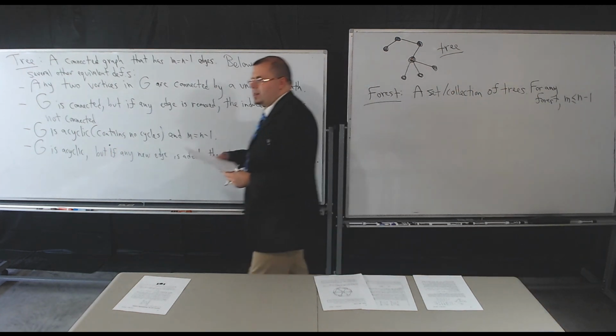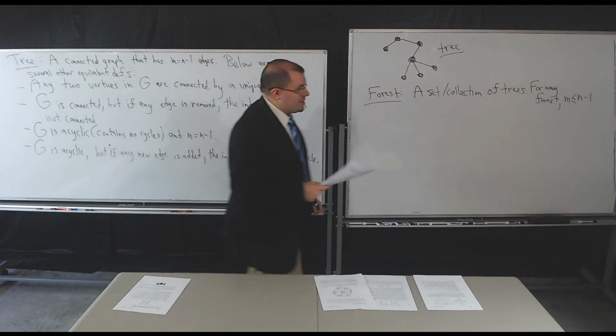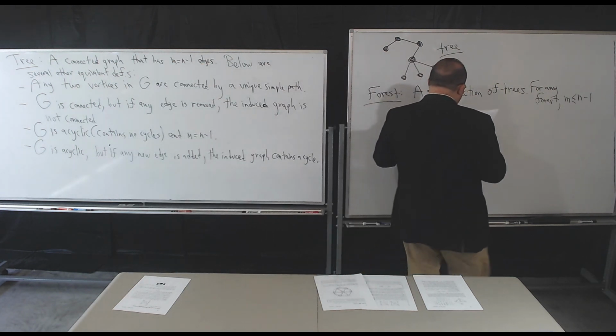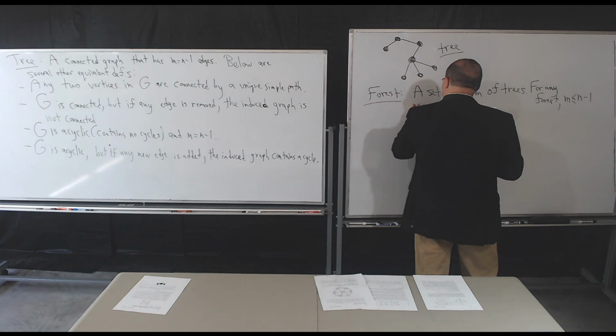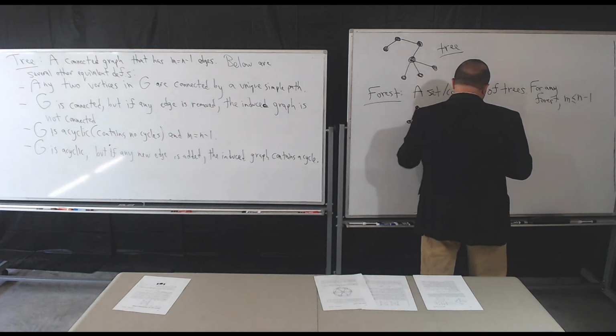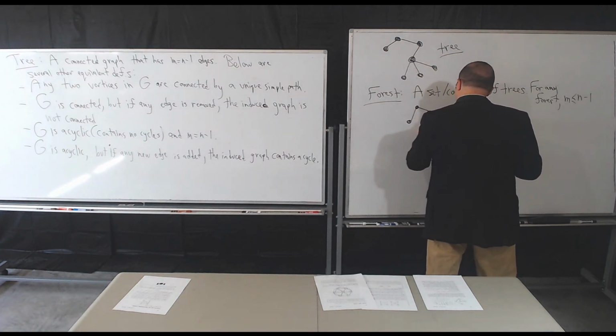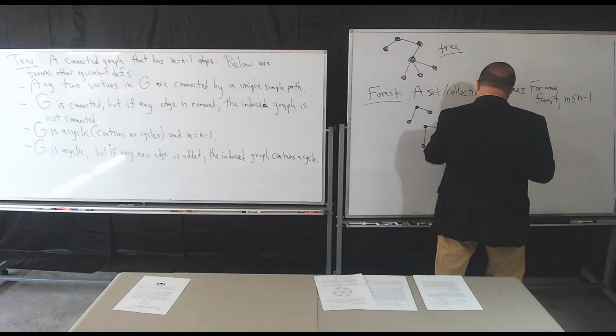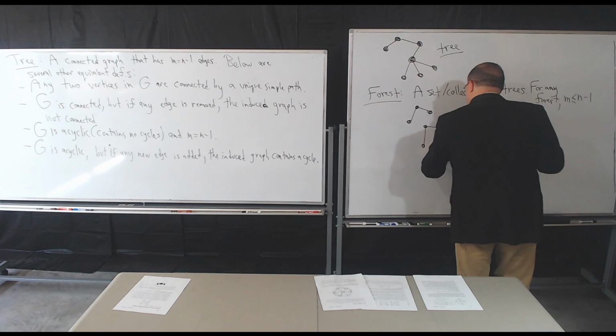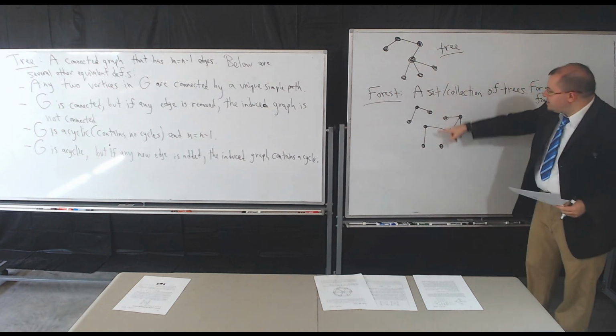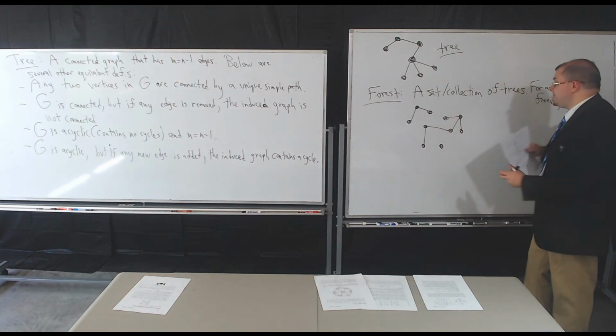So it's an inequality here. Why? Because it's not necessarily connected, right? So for example, the forest might look something like this. Notice each one of these is a tree, right? So this is a forest.